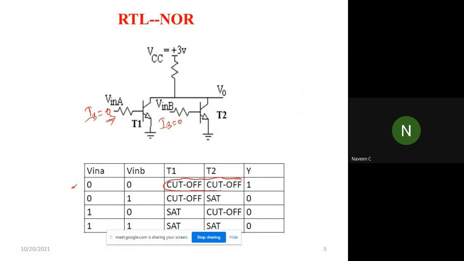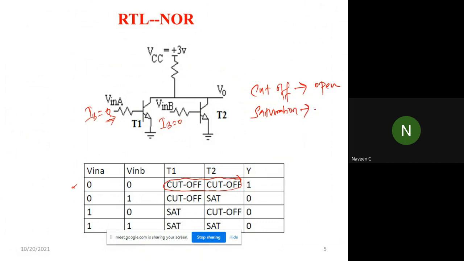Cutoff region, I already said, is nothing but your transistor is open. In saturation region, your transistor will conduct.